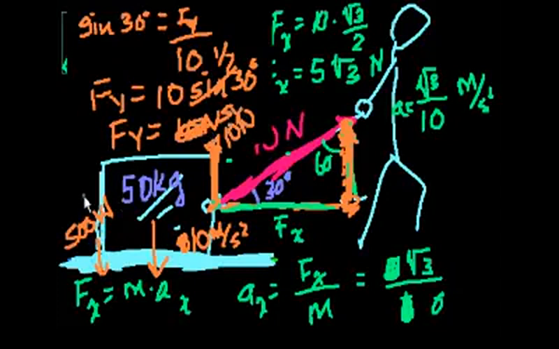My upward force is only 5 newtons. So the net force on this block in the y direction is still downwards, and it's really the ice that is supporting most of the weight of this block. And what I'm doing is maybe lessening that already small friction a little bit. So I'm really not moving the block at all in the up direction. I'm just pulling it in the x direction.